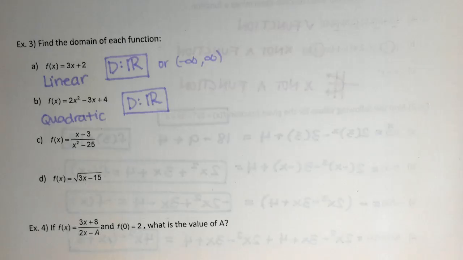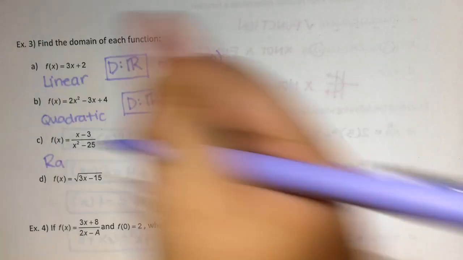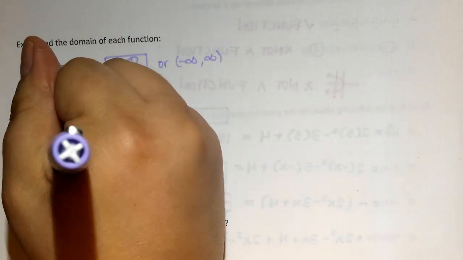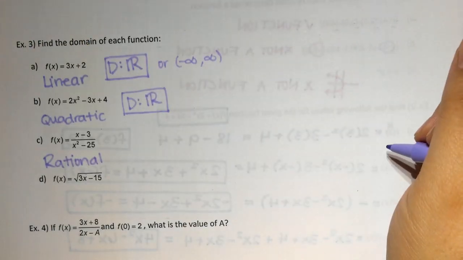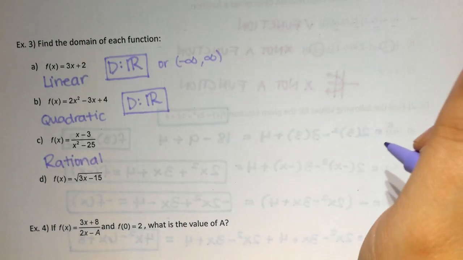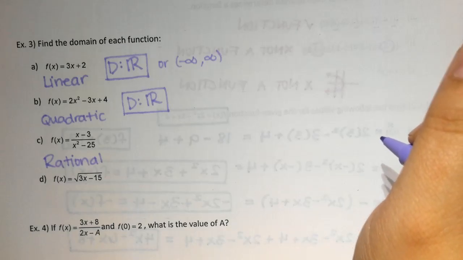What about C? What type of function is C? If you divide two x's, what type of function is that called? It's a rational function. Right before spring break, we are going to have our test on rational functions.